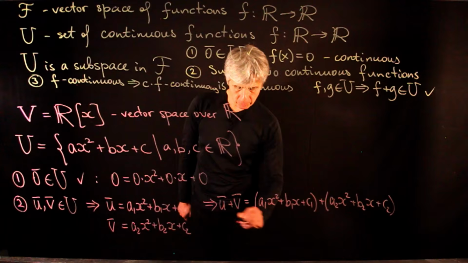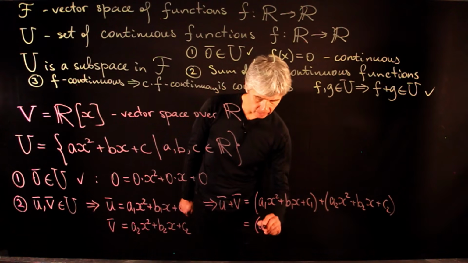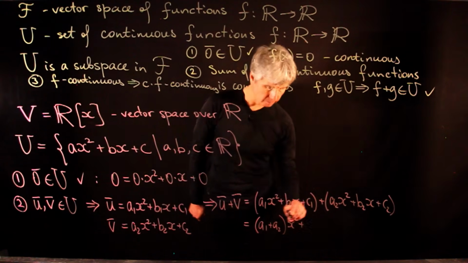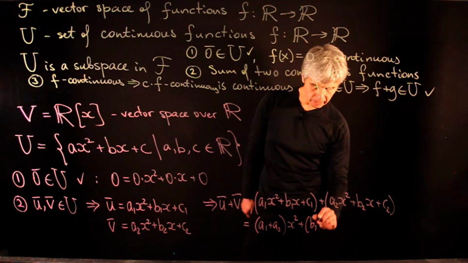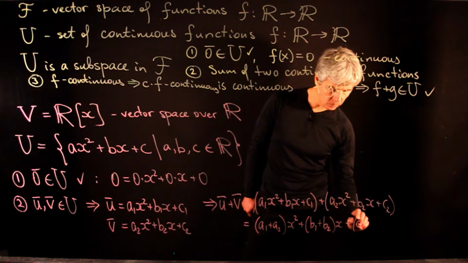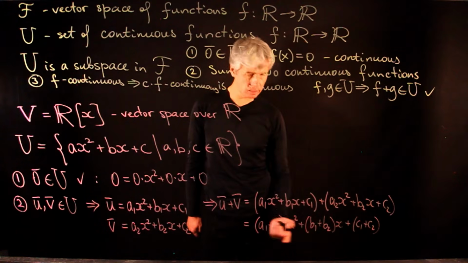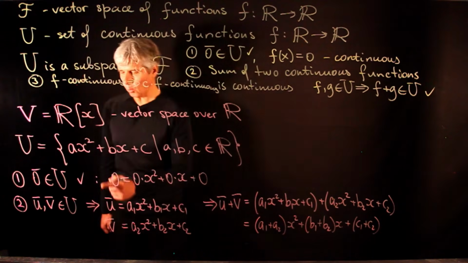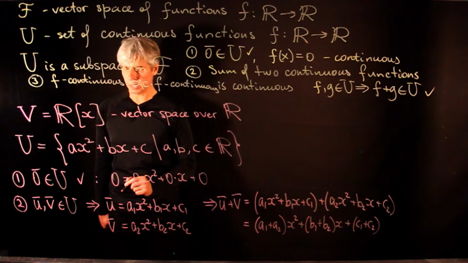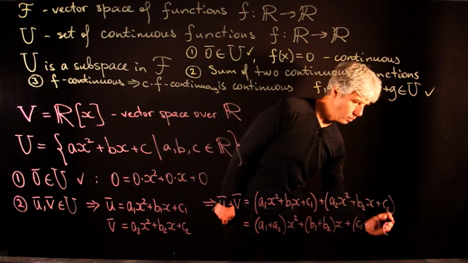But this sum of two polynomials can be written as (a1 plus a2) x squared plus (b1 plus b2) x plus (c1 plus c2). And what we see is that this result conforms to the pattern that determines the set U. So this is in U.